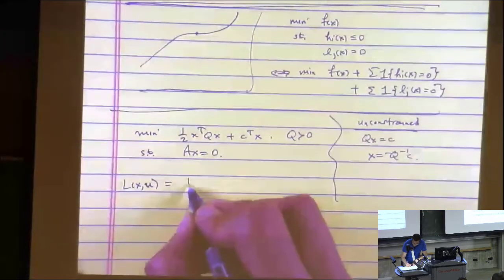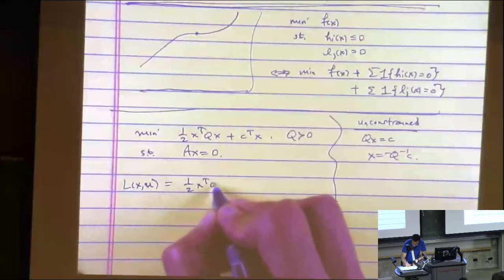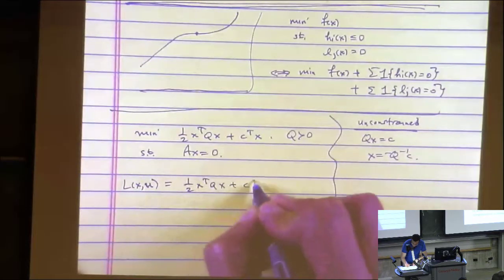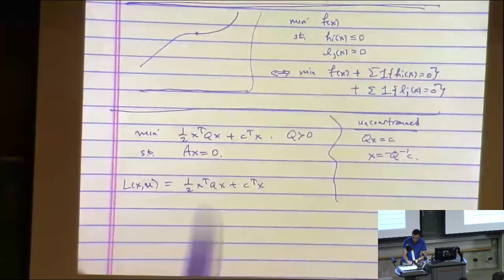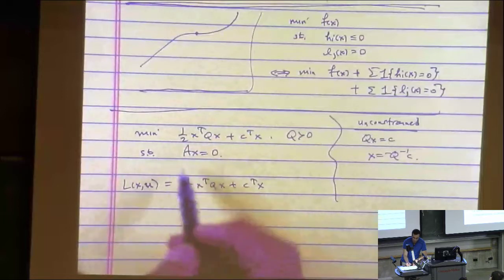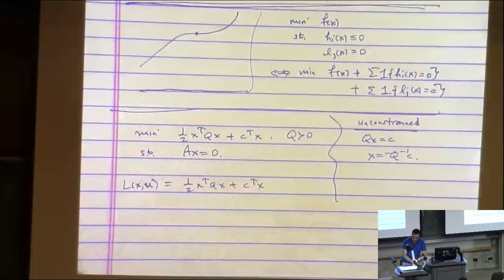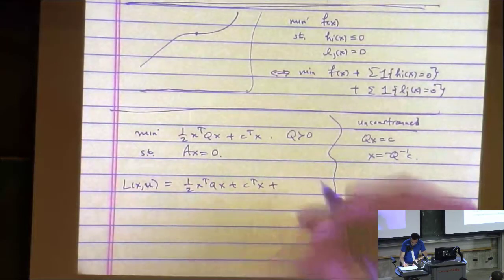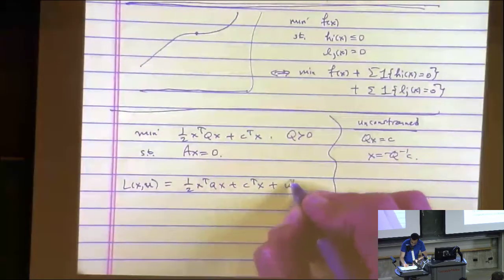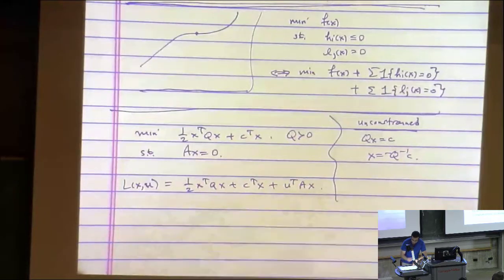The Lagrangian is the criterion plus the sum of, let's say, u_i times the components of this constraint. And I can write that as plus u transpose Ax. I'm just summing up u_i times a_i transpose x, if A has rows a_i transpose.